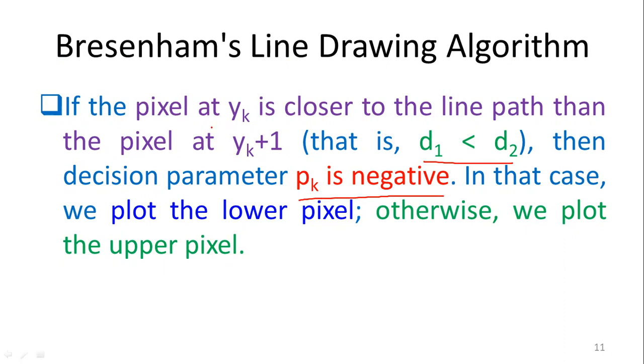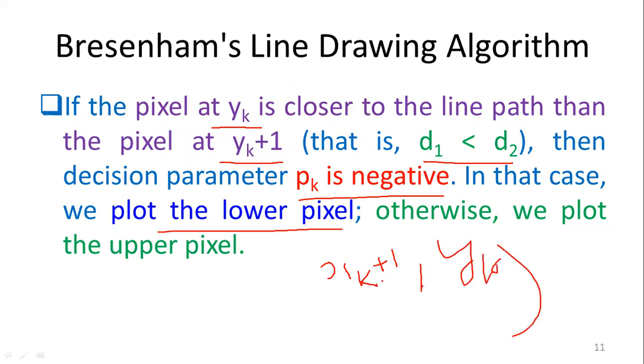In that case, the pixel at yk will be closer to the line path when compared to the pixel at yk plus 1. So we will plot the lower pixel, which has the coordinates xk plus 1 comma yk.